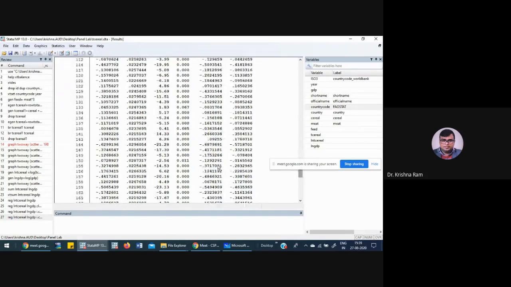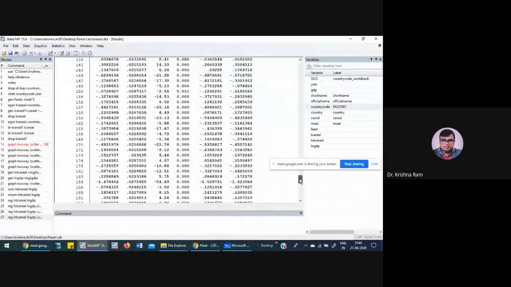If you want to go ahead with this model, then we need to check heteroscedasticity, autocorrelation, contemporaneous autocorrelation, so that you will get precise estimates of your parameter. Otherwise you get inconsistent and inefficient estimates of your parameter.